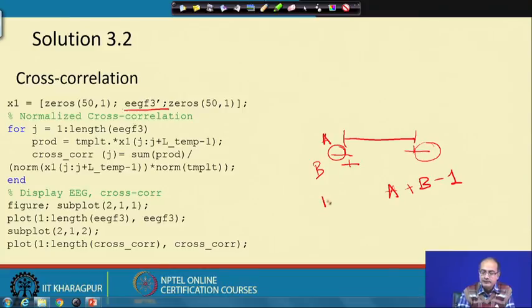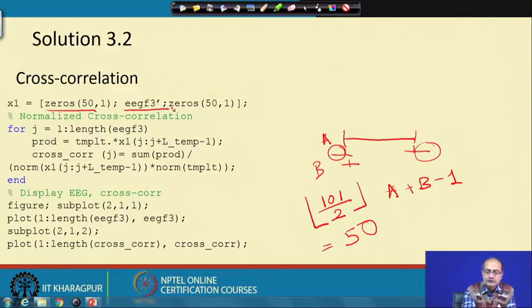We have 101 samples, that is the length of the template. If we divide by 2 and take the floor, we get 50. Okay. So, we take 50 zeros at the beginning and 50 zeros at the end, and that is the way we have added them.